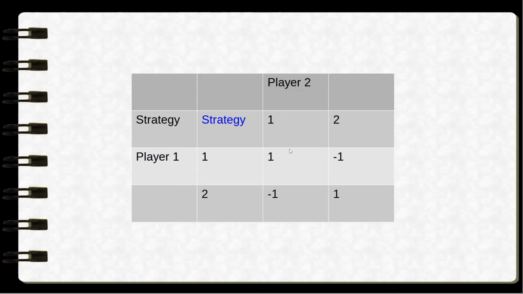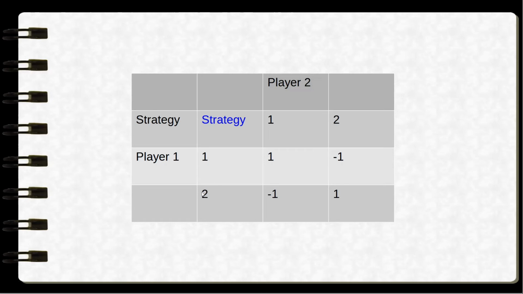Therefore, player number 1 wins 1 rupee. Now if player number 1 raises one finger and player number 2 raises two fingers, it's going to be odd. In this case, player number 1 loses a rupee.